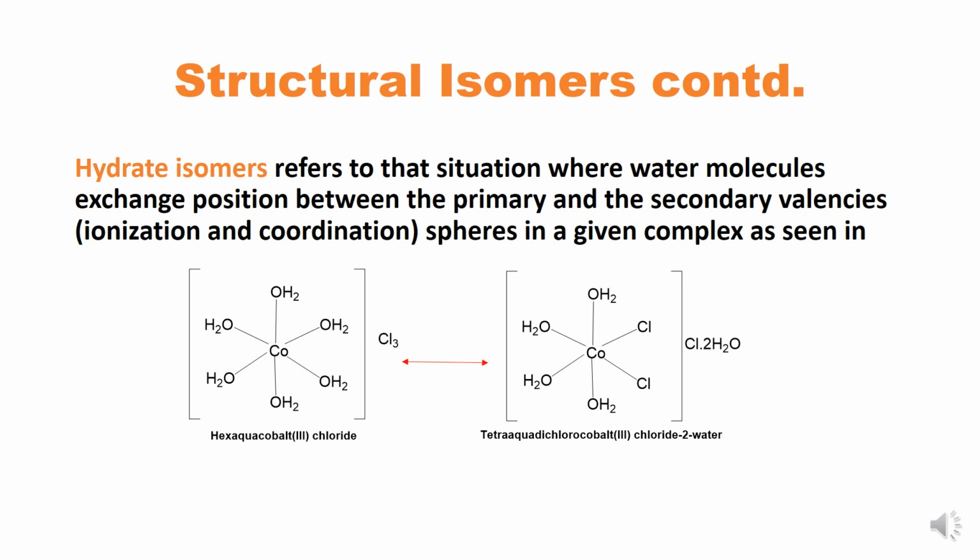As you can see, hexaquocobalt 3 chloride has 6 units of water within the coordination sphere and 3 units of chlorine in the outer, in the ionization sphere. But now that 2 units of water have moved out of the coordination sphere, the primary valency sphere, and 2 units of chlorine have moved in, you refer to that as hydrate isomer. There's exchange of position of water.